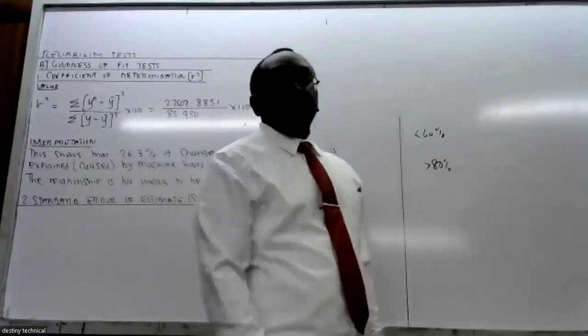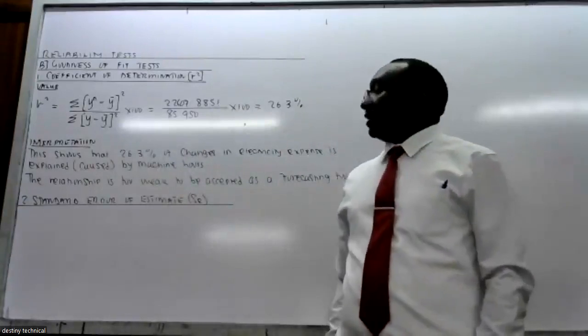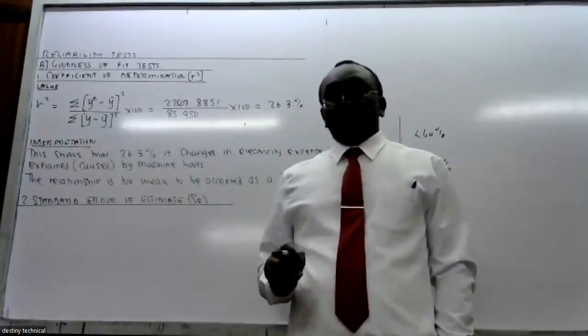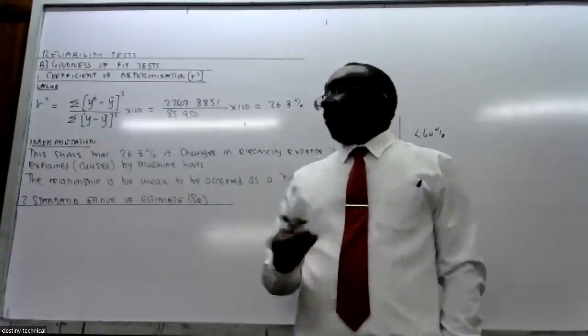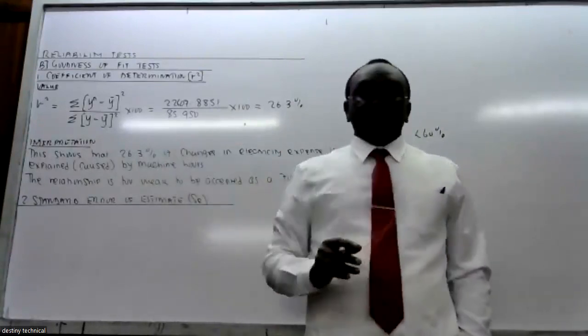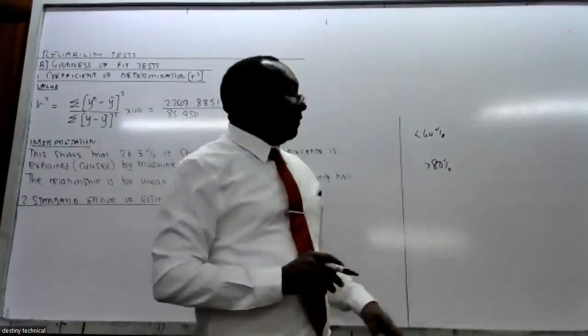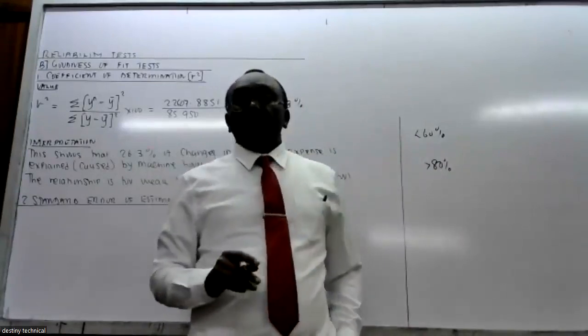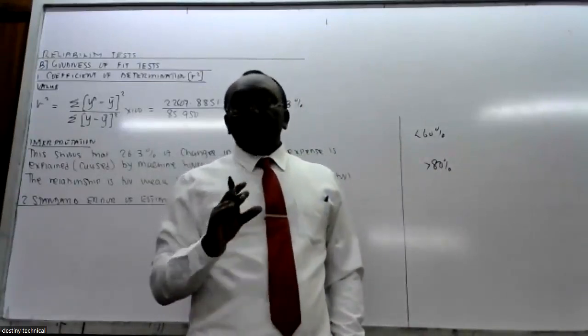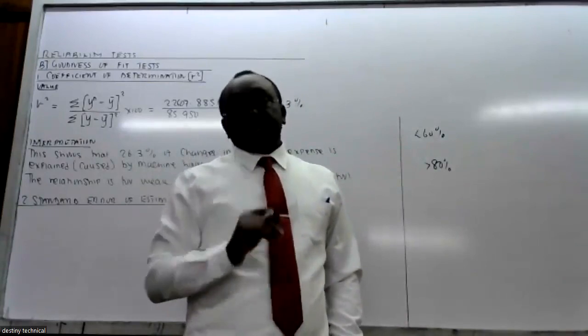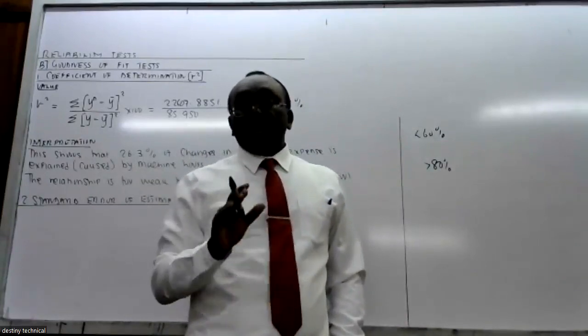Now, this standard error of estimate shows us the amount of error you can make after relying on this model to predict. Just like I told you, the fact that tumesema 80% is good to accept does not mean you will always get it right. There are instances you will get it wrong.